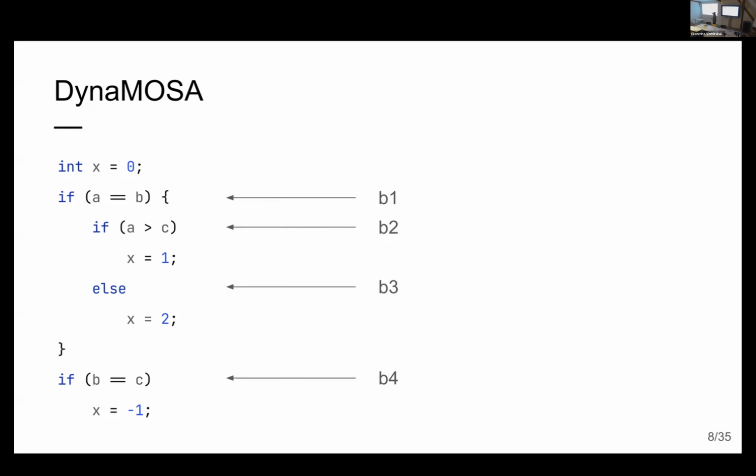For example, here we have 4 branches and we can prioritize covering each of them. But if B1 is uncovered, then covering B2 and B3 is not very smart from our side. We need to start from covering B1, not B2 or B3. And choosing this most prioritized branch is basically the Dynamosa algorithm.